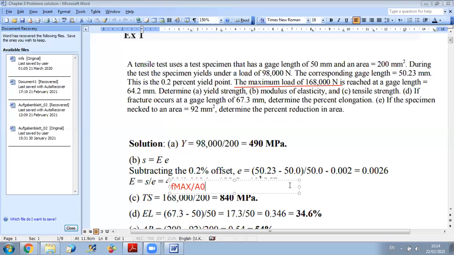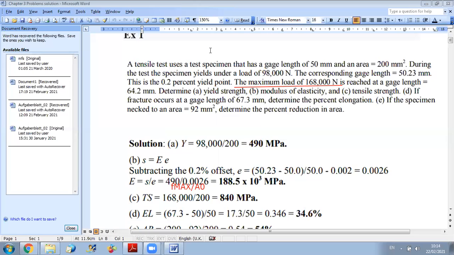So here, all I have to do is to replace and just pay attention to units. If I use the force in Newton and the area in millimeters square, I will get the tensile strength in megapascal.